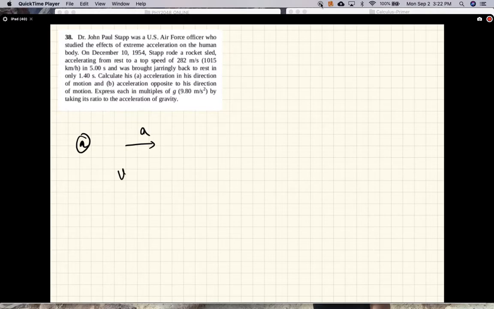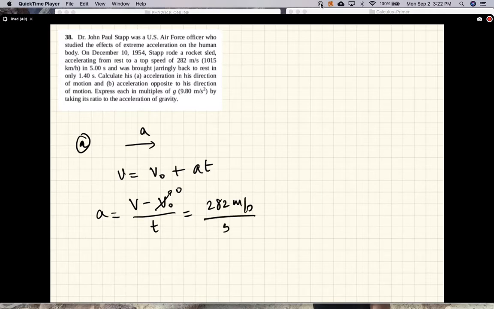Okay, so again, we use this equation. Final velocity is initial velocity plus acceleration times time. Acceleration is final velocity minus initial velocity over time. So the initial velocity was 0 and his final velocity was 282 meters per second, and this happened over 5 seconds.